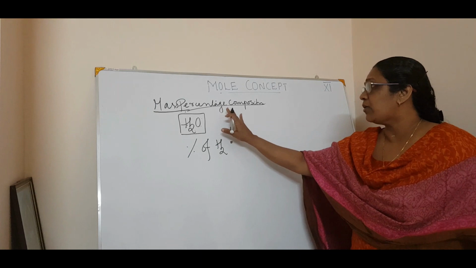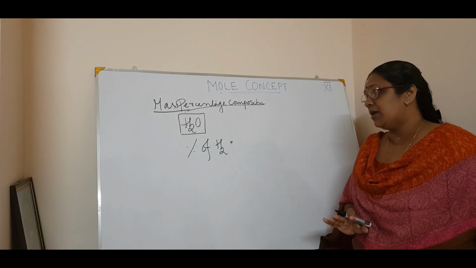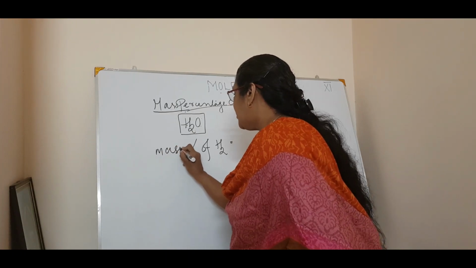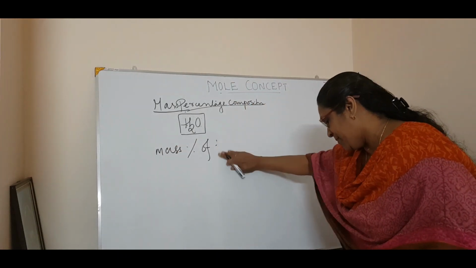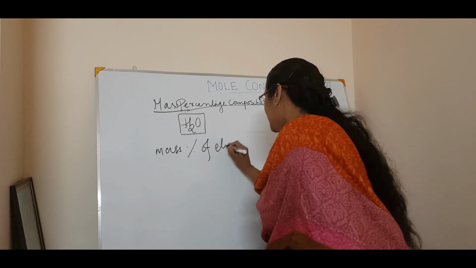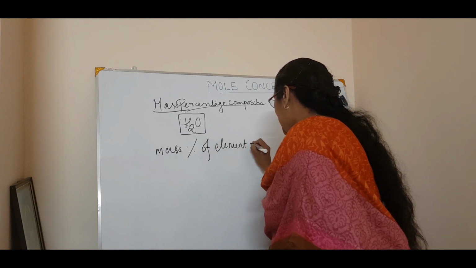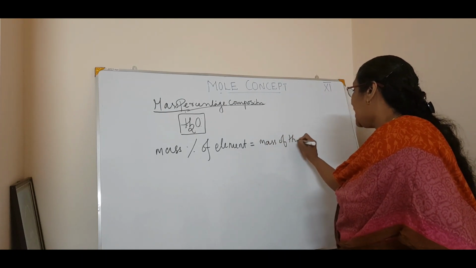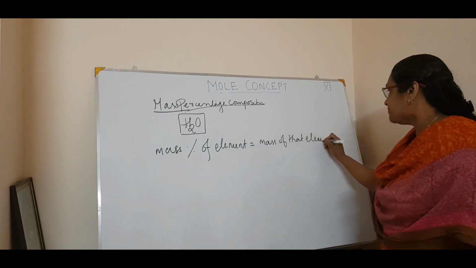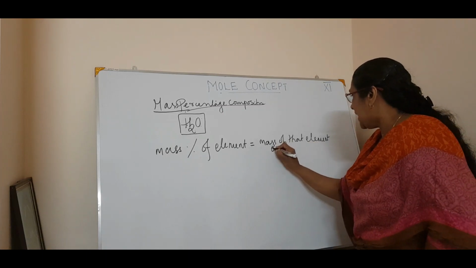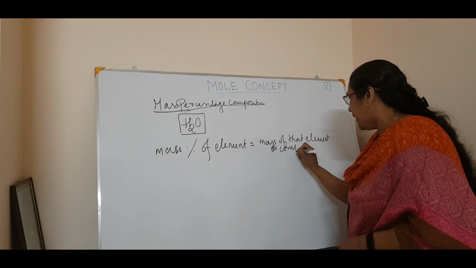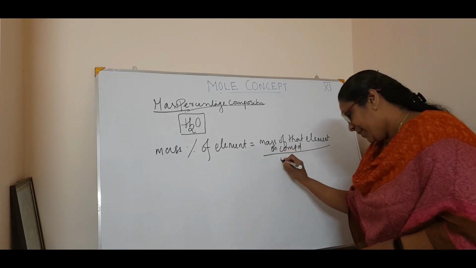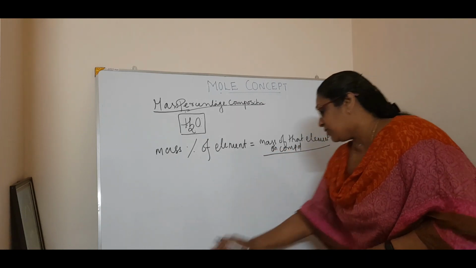In case of water, the mass percentage of any element is equal to the mass of that element in the compound divided by the molar mass of the compound.